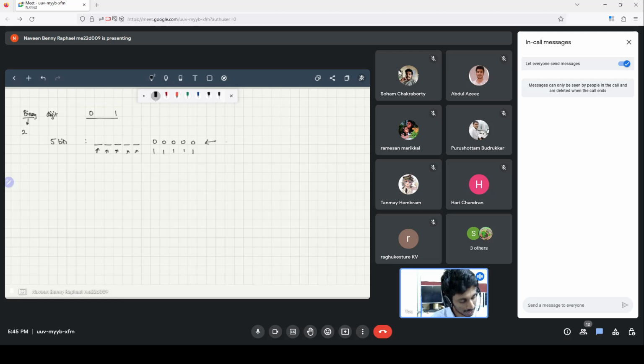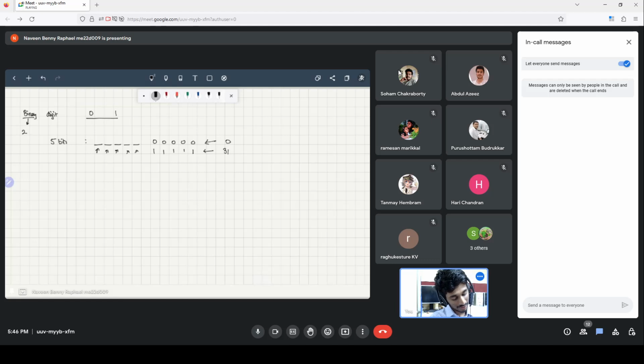This corresponds to 0, and this corresponds to 63, I think. Oh, no, that's too big. I think it's 31. Okay.